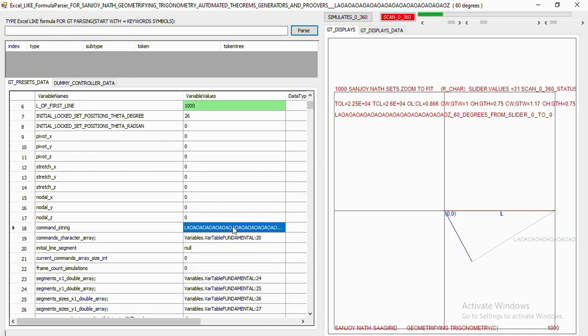How should we interpret these kinds of strings? It's very easy. In the forum from where you will download this exe, it is already explained that L is the initial given line segment. A, B, C, D are the four types of symmetries to construct cos theta. E, F, G, H are four types of symmetries to construct sin theta.